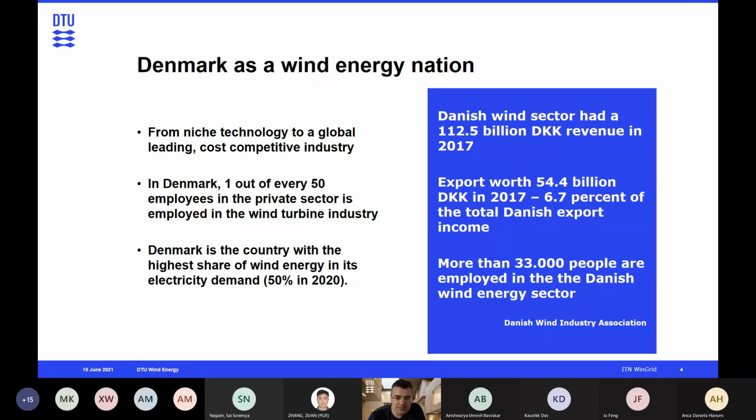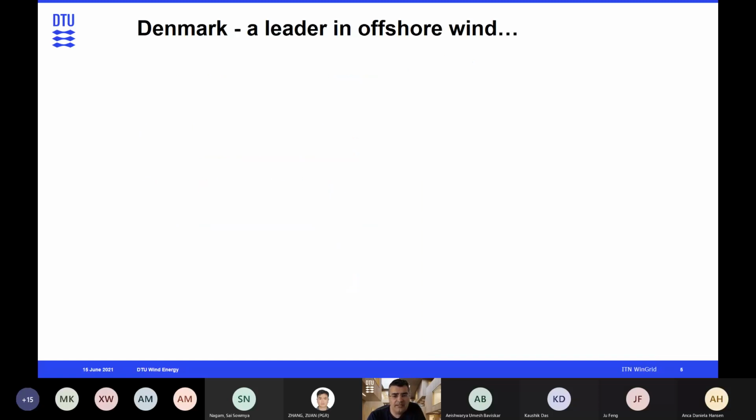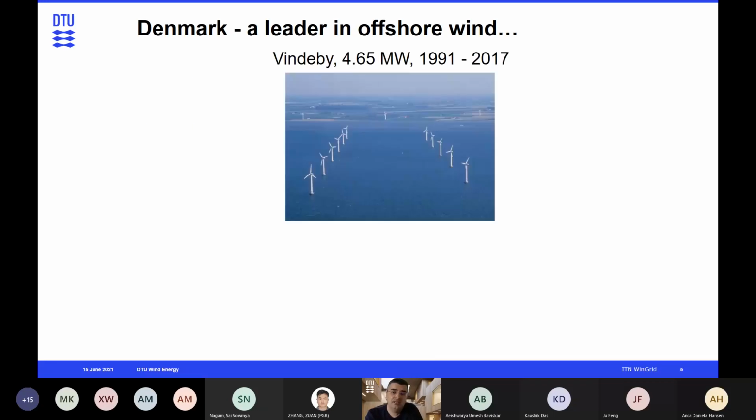So Denmark has been from the beginning one of the leaders in wind power, and this is the same in offshore wind. Actually, the first ever so-called offshore wind farm, and I am hesitating a bit to call it that because, as you can see in the picture, it's very, very close to the shore. Today, definitely this would not qualify as an offshore wind power plant, not even a near coast one.